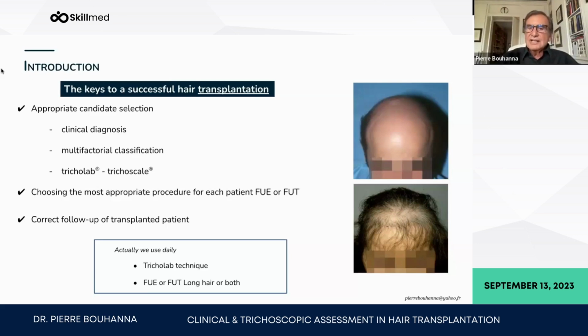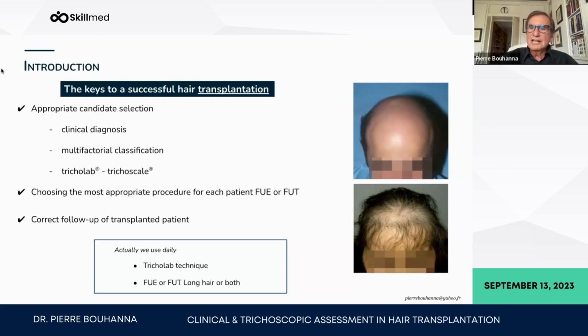After that, I will develop how to choose the most appropriate procedure for each patient, FUE or FUT or both. I complete with the necessity of always doing a correct follow-up of your transplanted patient.